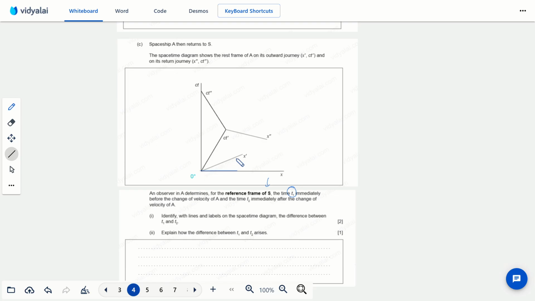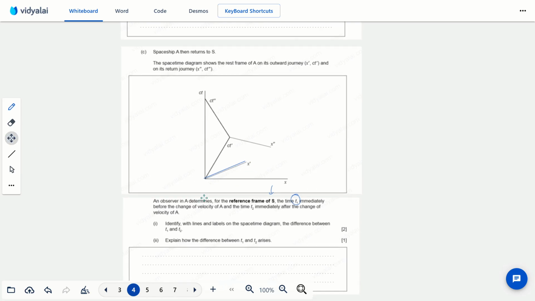So I'm gonna draw a line and then have this line move here, also maybe shorten a bit without changing its angle. So draw a line at the point of the turnaround which is parallel to this X prime.